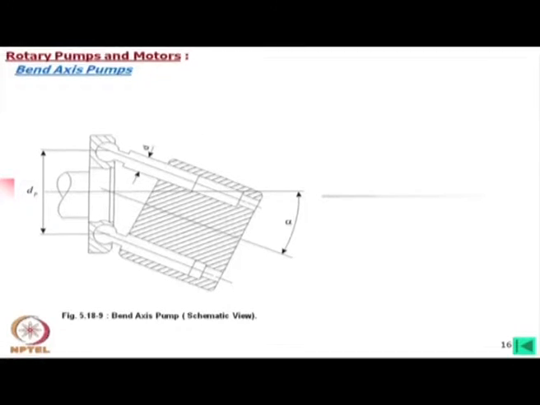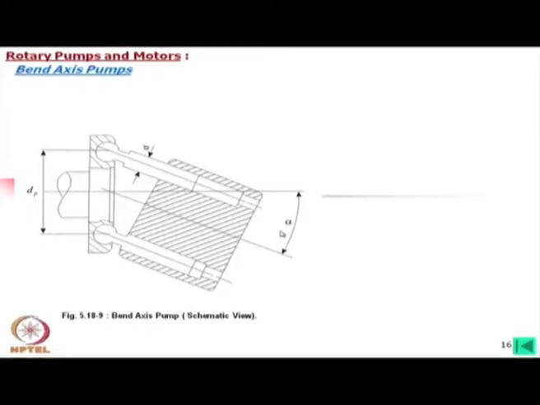For the same size, that means the same barrel size and piston size, if alpha increases to 45 degrees, tan 45 degrees, so the total displacement, the stroke length, will increase. So, from the same size of barrel we will find more displacement of oil. So, the capacity of such a pump will be higher.